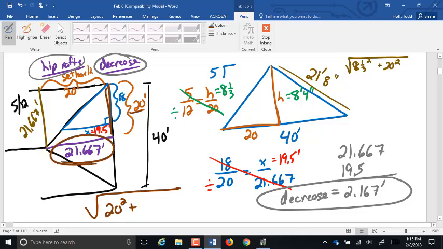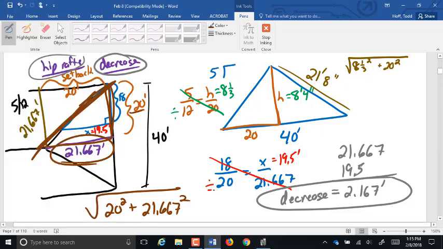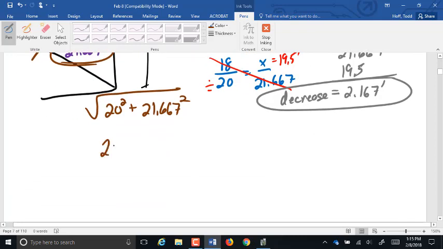I use the 20 and the 21.67. So I want to get that full rafter. So square root of 20 squared plus 21.667, we'll just leave it as a rounded number for now, equals 29.487 feet.